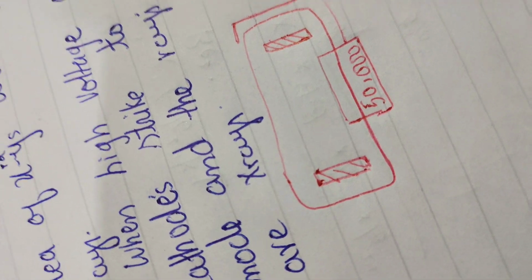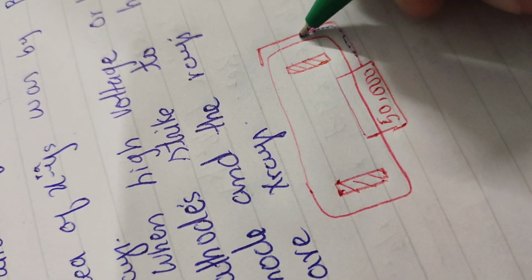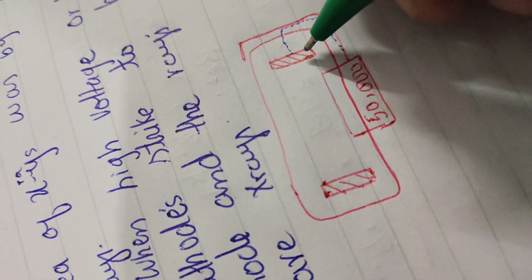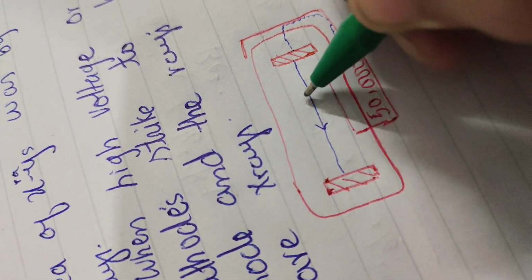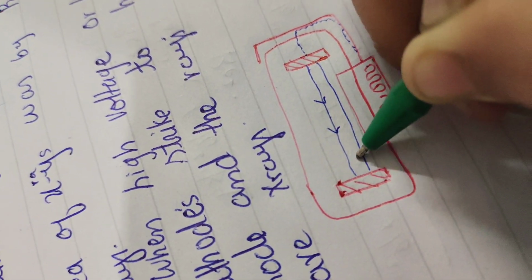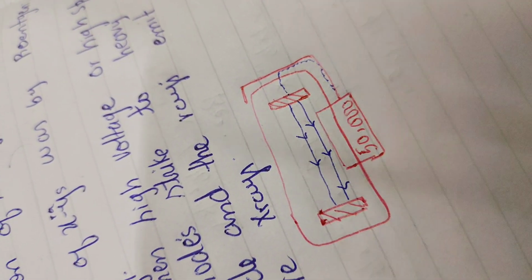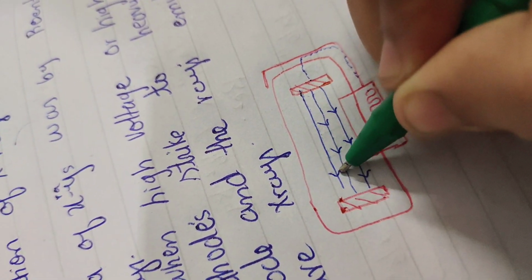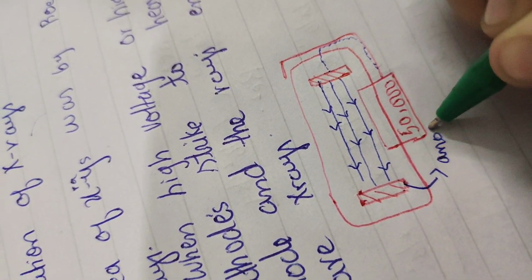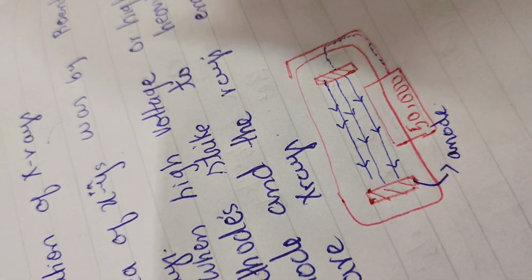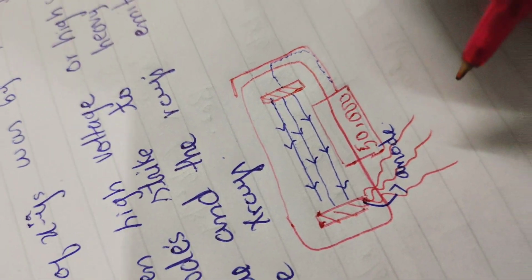When the battery starts giving power to the cathode, these cathode rays will go to the heavy metal anode. When they strike the anode, in the result of that, the X-rays are being produced.